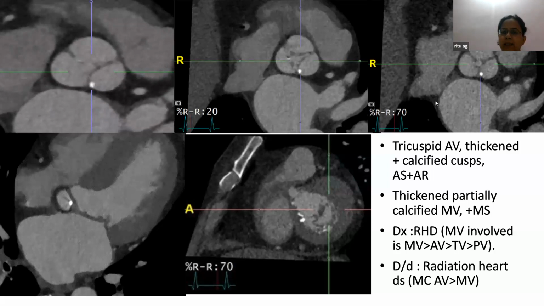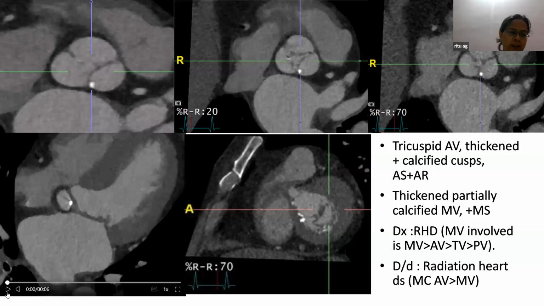And that is a diastolic image at RR interval 70%, but we can see a small central area of non-coaptation even on the diastolic phase images, which tells us that the patient has AR as well. So the valve is thickened and calcified, telling us it is aortic stenosis, and we have these non-coaptation areas on diastolic phase images, which tell us that there is AR along with AS.